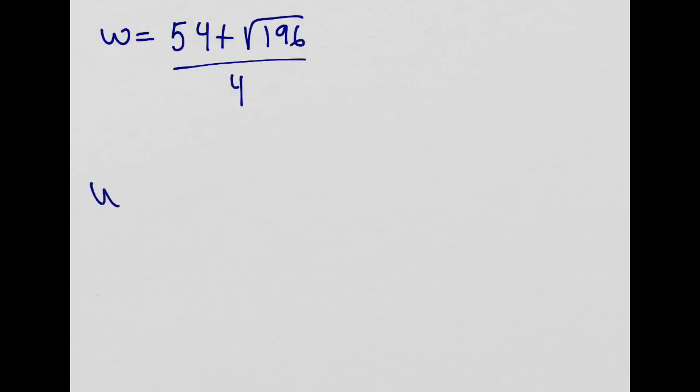Let's get to another page. So I'm going to say I have W equals 54 plus the square root of 196 divided by 4. Then I have W equals 54 minus the square root of 196 divided by 4.